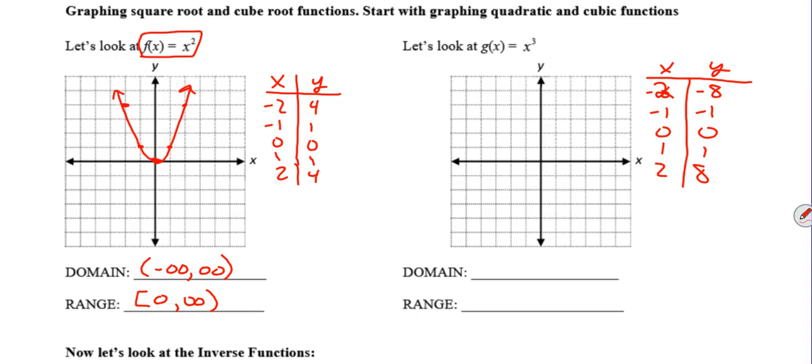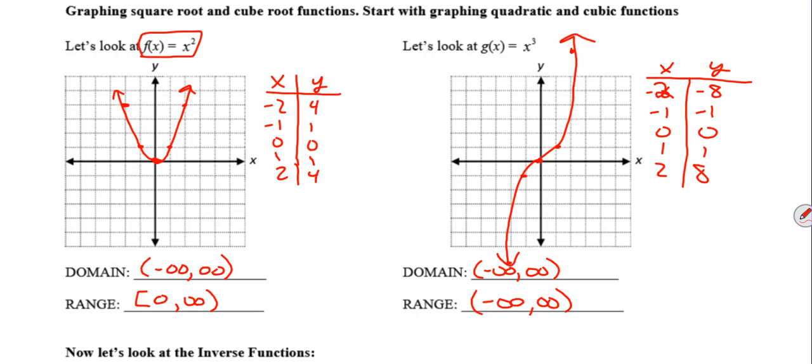We go over -2, down 8, which is a little bit off our graph, then -1, -1, 0, 0, 1, 1, and 2, 8. So we get this general curve here, right? And we can talk about the domain and range of this function, which is -infinity to +infinity as well. And the range would be -infinity to infinity.